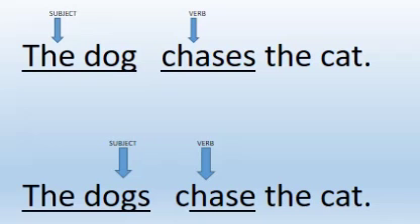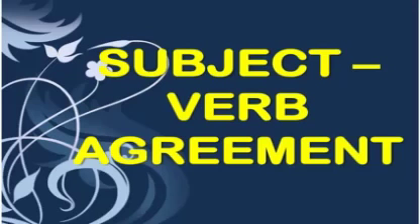When we change the subject, the verb also changes. Let me tell you. We call it subject verb agreement. So students, today we are going to learn about subject verb agreement.